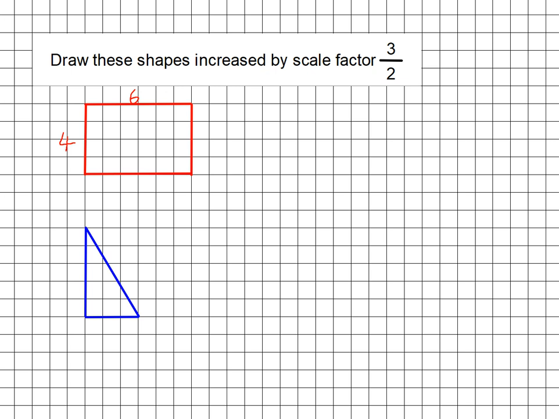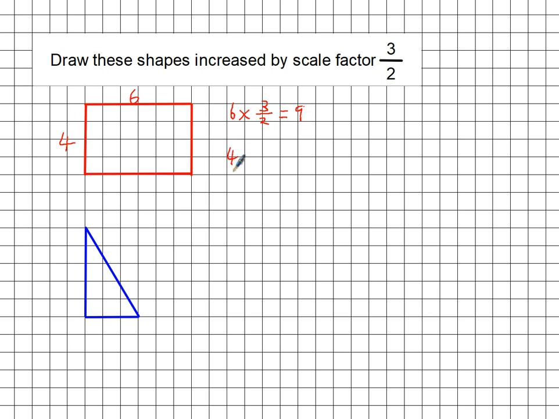This time we're going to multiply by 3 over 2. So 6 times 3 over 2. Think about this as 6 times 3 is 18, divided by 2, so that is 9. That's the same as 6 times 1.5.